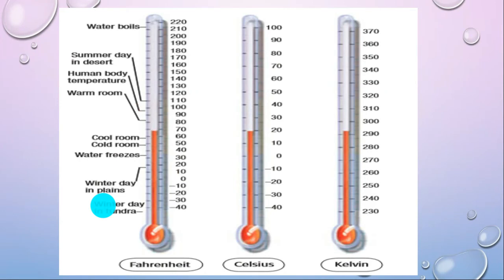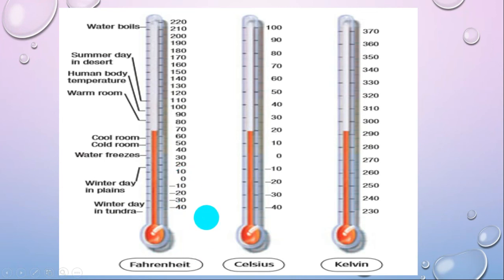Let's look at these three thermometers at the end: the Fahrenheit thermometer, the Celsius thermometer, and the Kelvin thermometer. As we said, all of them measure temperature, and the temperature is the same in all of them. The difference is the scale.